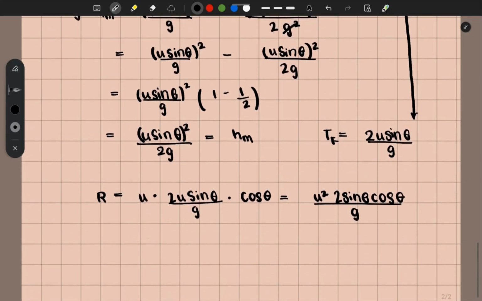And if you know your trig identities, you would know that 2 sine theta cosine theta is nothing but the expansion of sine 2 theta. So the range is just u square sine 2 theta divided by g. Those are all the equations, and those are all the derivations you would need to understand projectile motion.